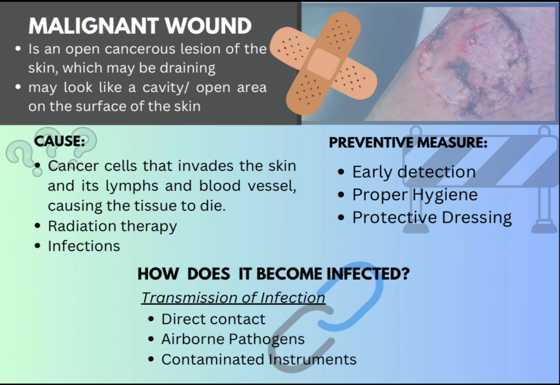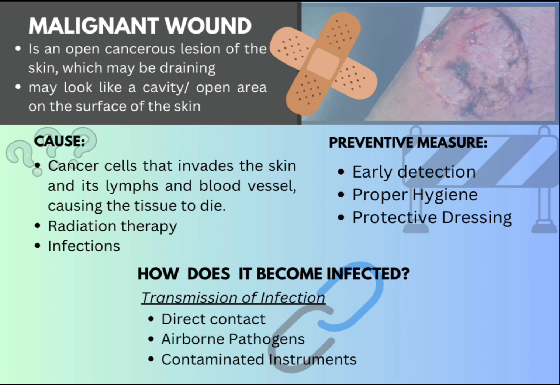Common associated cancers. Malignant wounds are often associated with advanced stages of certain cancers, including breast cancer, melanoma, and head and neck cancers. In breast cancers, these wounds frequently occur on the chest wall or in areas where breast tumors are present.